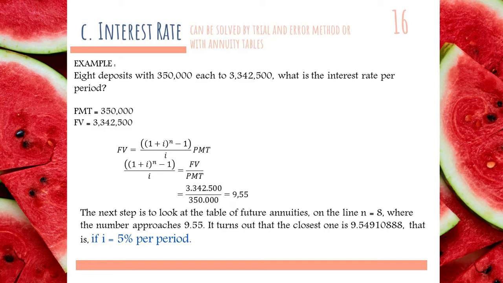The next step is to look at the table of future annuity on the line where n is 6, where the number approaches 9.55. It turns out the i is equal to 5% per period.